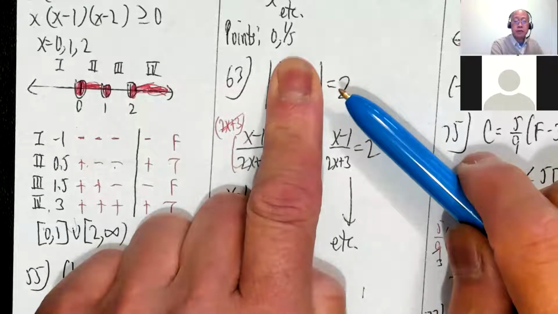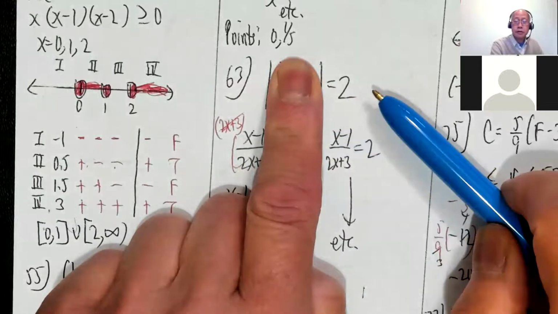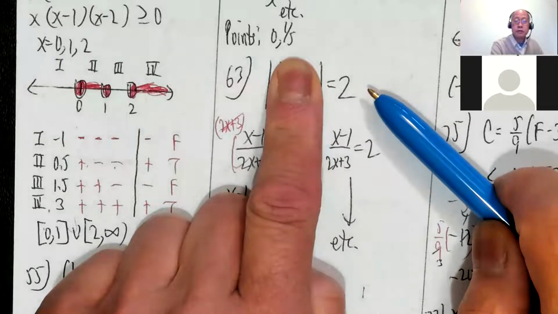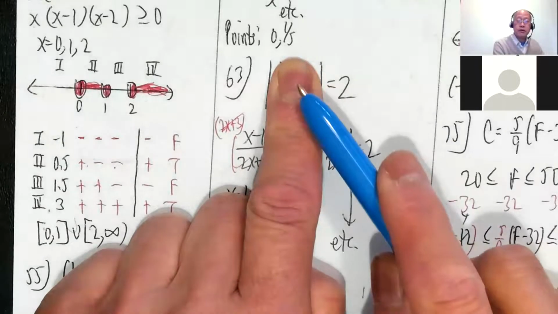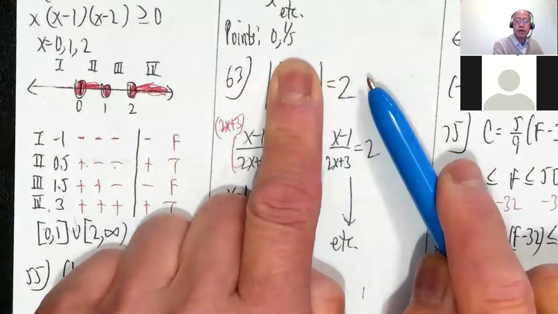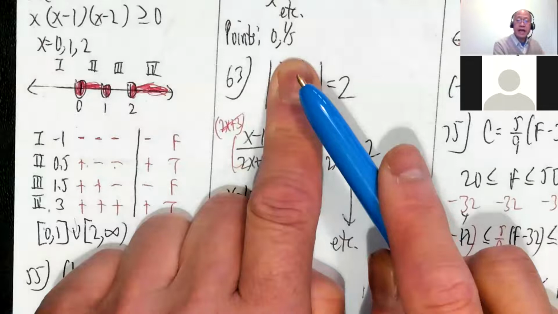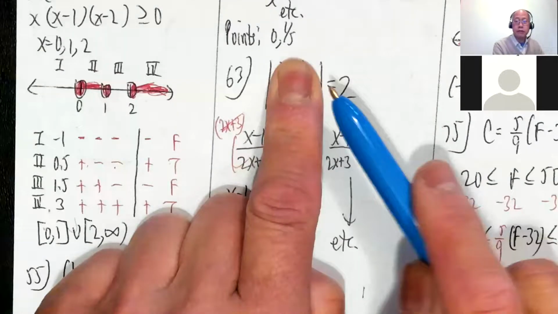I get a true statement if behind my finger was 2, right? But it would also be true if I have what other number? -2, correct? If it was 2, it's true because the absolute value of 2 is 2. If behind my finger was -2, it's also true because the absolute value of -2 is 2.